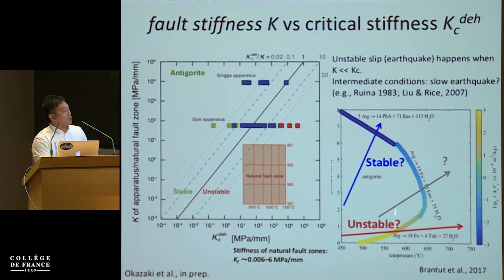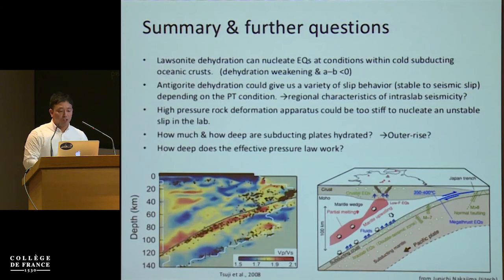At this intermediate pressure condition, kinetics should be faster because dehydration happens at high temperature. But if you go to too high pressure, the dehydration temperature is low, so kinetics is slow, and it can probably be stable weakening. I'm not sure what happens, but we could have slow slip or just regular earthquakes in this region, at intermediate temperature conditions.